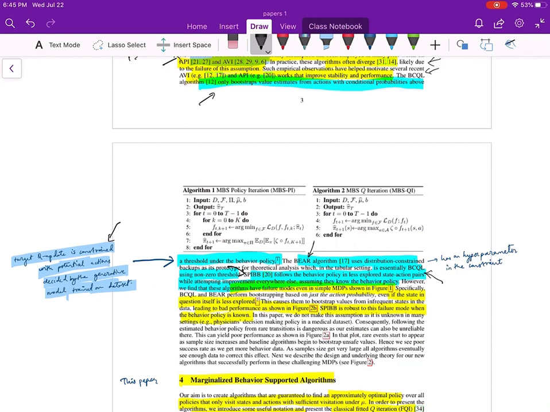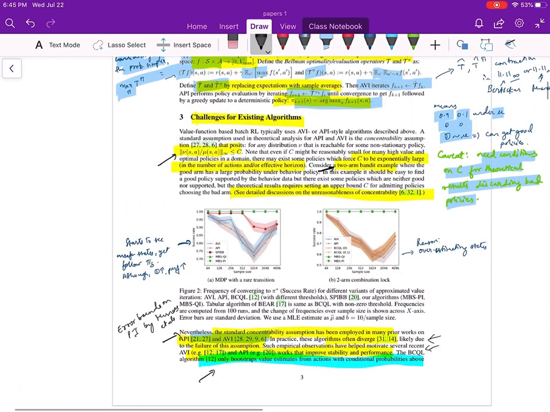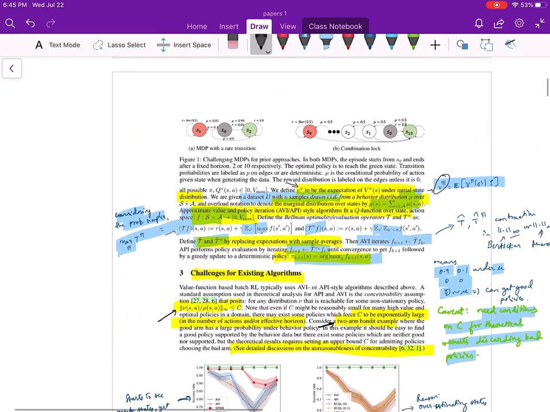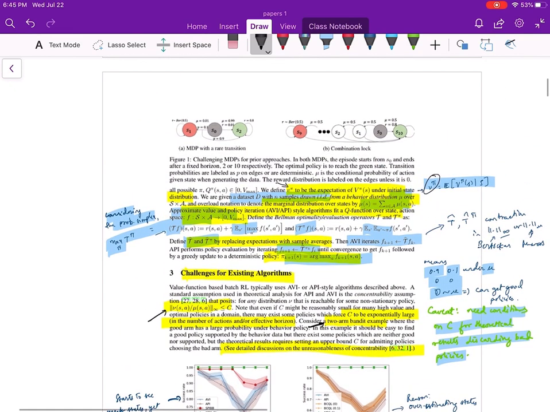However, we find these algorithms have failure modes even in the simple MDP shown in figure 1. Okay, let's get back to figure 1. These MDPs are simple chain MDPs, which have a small number of states, and the notable point is that these are extreme cases, I guess.